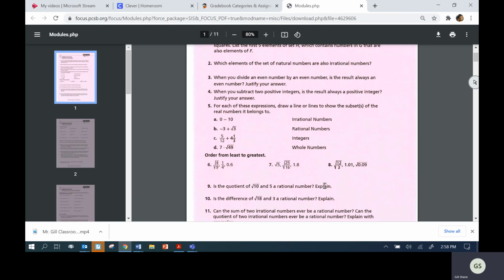Everything makes sense. Rational and rational gives you rational. So when it came to math, we said it's kind of the same way. If you have a rational number and another rational number, then your answer is going to be a rational number. It doesn't matter if you add them, subtract them, divide them, multiply them. None of that matters. It's going to be a rational number.